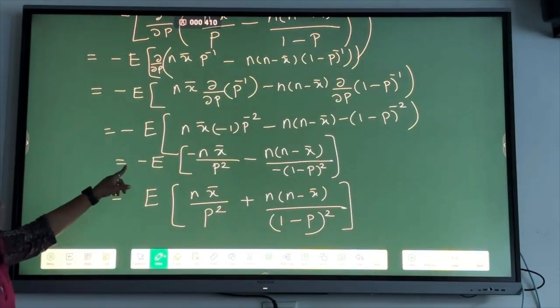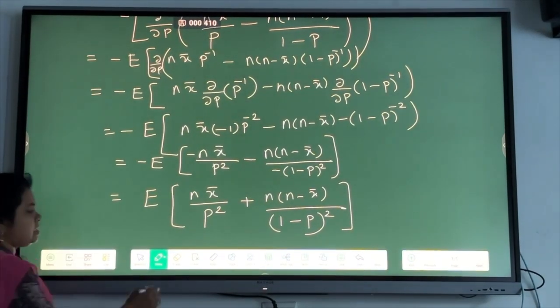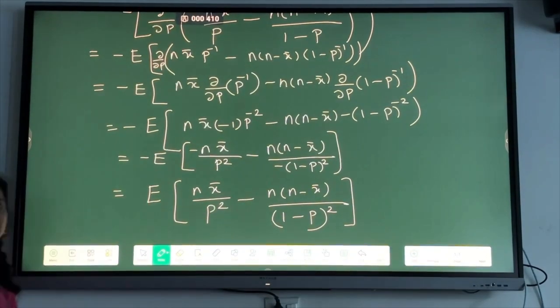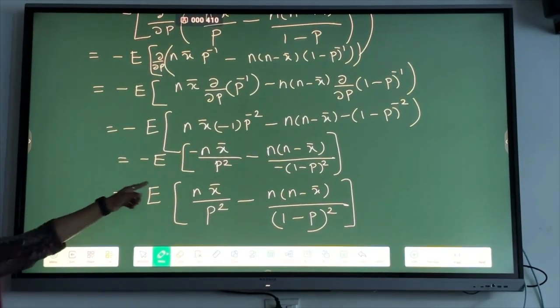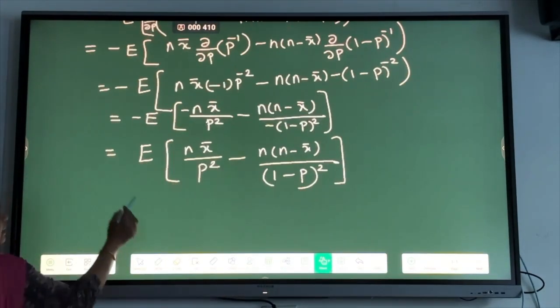So here the term will become plus here, but minus is there, so you get minus 1. Multiply expectation inside.